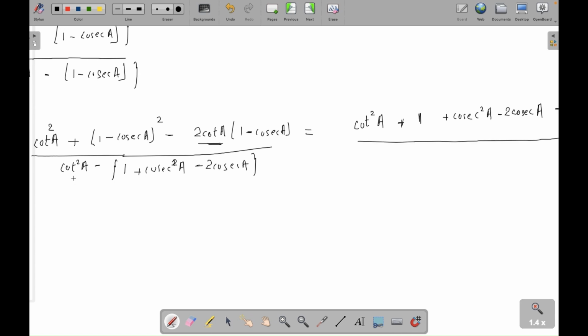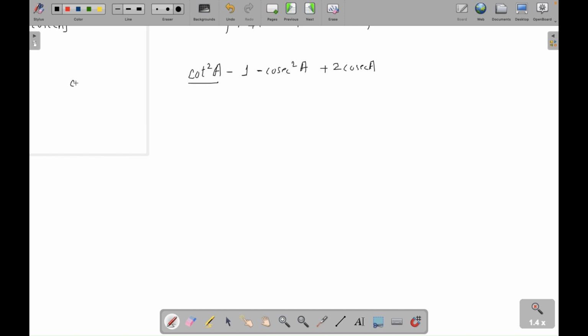Then in the denominator, we can simplify it here itself. So cot square A minus 1 minus cosec square A plus 2 cosec A. You know that cosec square A minus cot square A is equal to 1, because cosec square A is 1 plus cot square A. Now, cot square A minus cosec square A should be equal to minus 1.